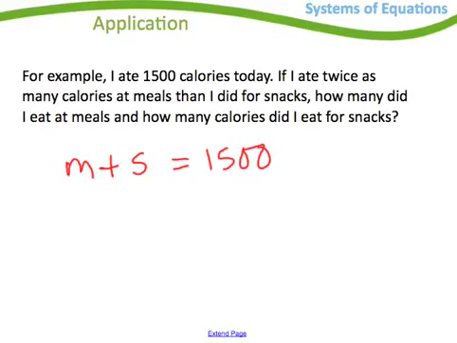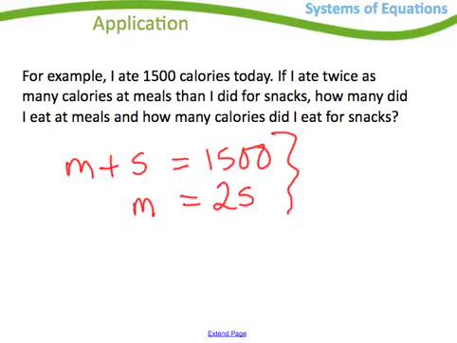So the number of calories for meals were equal to the snacks times 2. Is that right? I ate twice as many calories at meals than I did for snacks. So if I take the snacks and times it by 2, I get meals. Yeah, that's right.